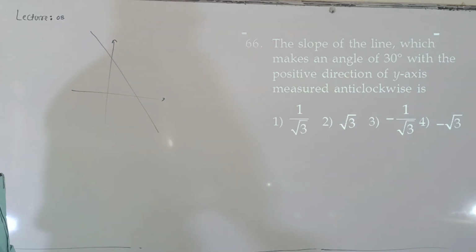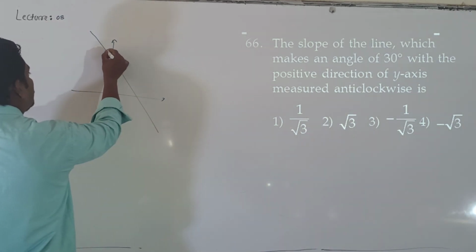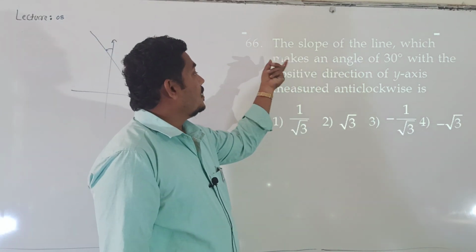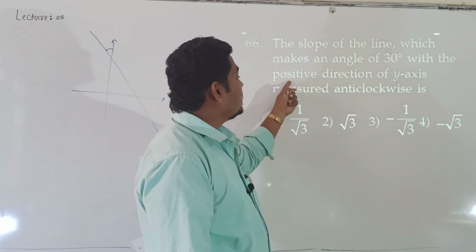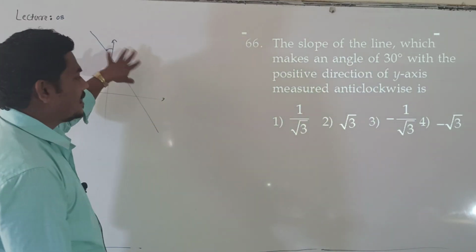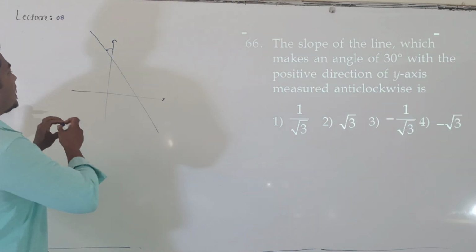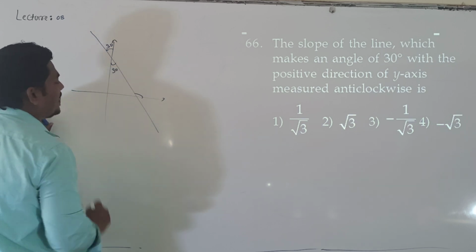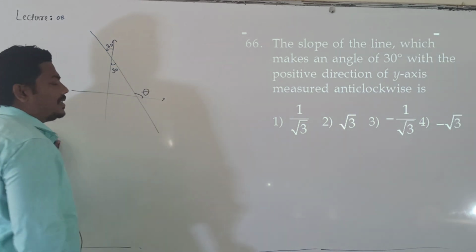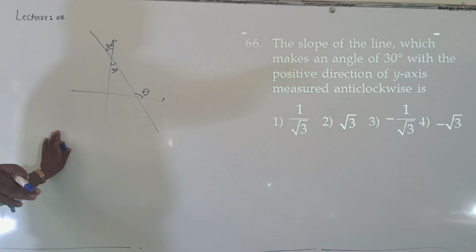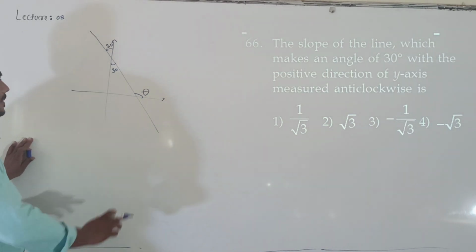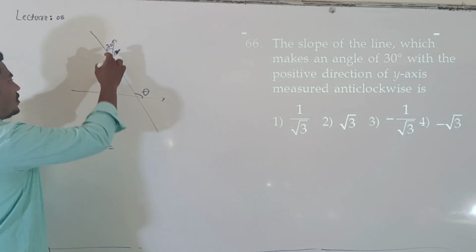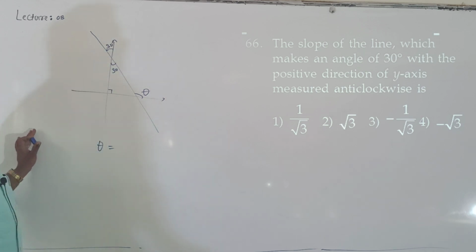This is one line, making an angle of 30 degrees with the positive direction of the y-axis in the anti-clockwise direction. This angle is 30 degrees, then this angle is also 30 degrees, but our requirement is the inclination. If we know the inclination, then only is it possible to find its slope, right? Then clearly this angle is 90 degrees, then theta is equal to the formula. These two angles are clearly equal.